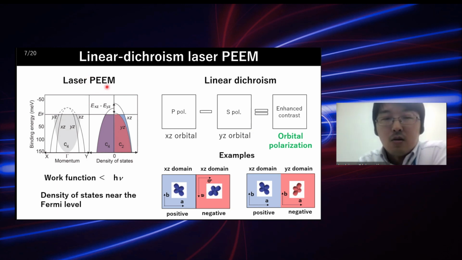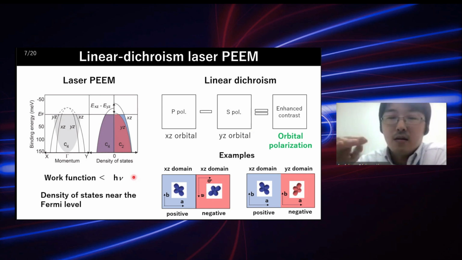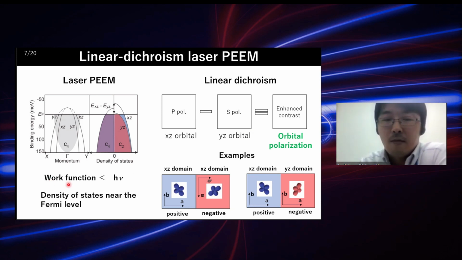In this measurement, we use a laser which has an energy just above the material's work function. So we can observe the density of states just near the Fermi level and the gamma point. So we can map out the electrons near the Fermi level in real space.